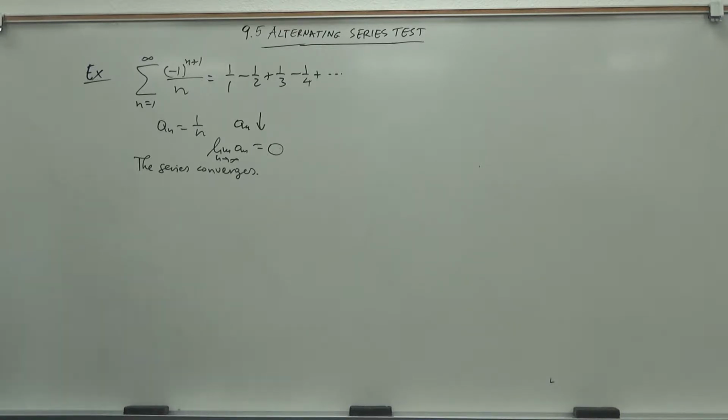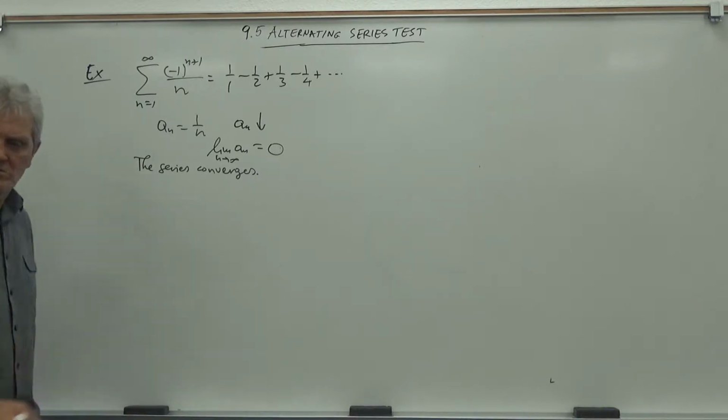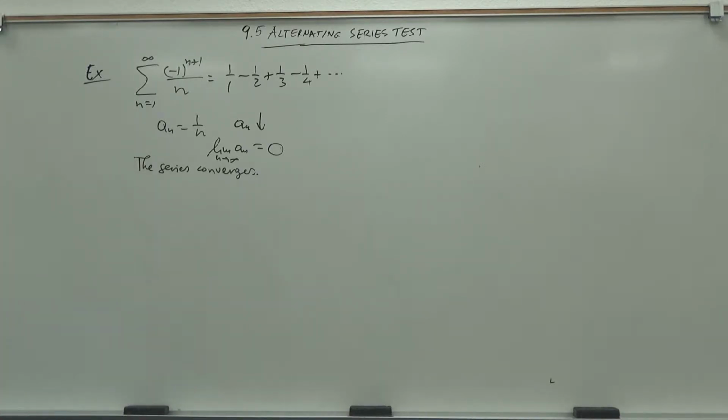All right, now the question is, can we calculate the sum? In this case, yes, but very often we cannot calculate the sum. Again, we address the question of what is our error if we cut it off too early. So let me calculate.